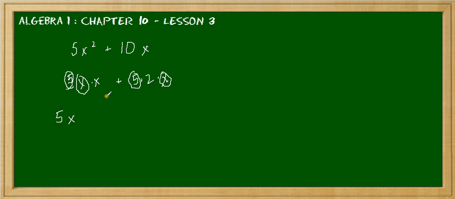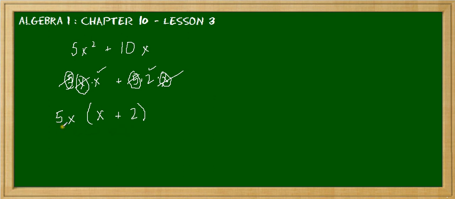Now, what are we left with? We are left with x. This is being added, so we add a plus, and there's a 2 on this side because we've already used these factors, 5x and 5x. So we're left with an x and a 2, so that will be x plus 2.